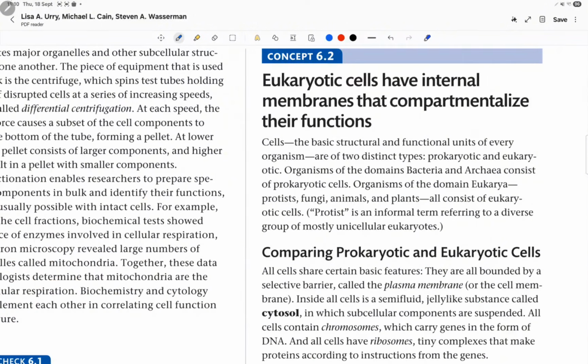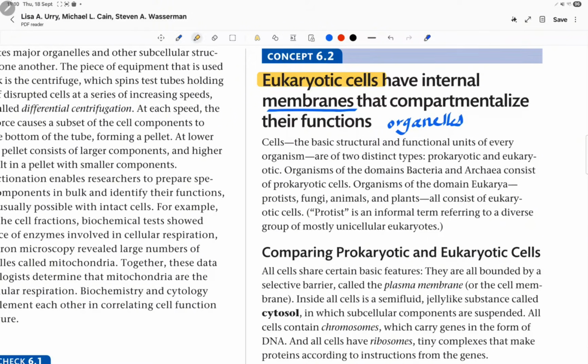So, eukaryotes include plants, animals, and also humans, right? And eukaryotes have organelles. And those organelles have their own membranes. Those membranes separate their contents and their function from the other organelles.